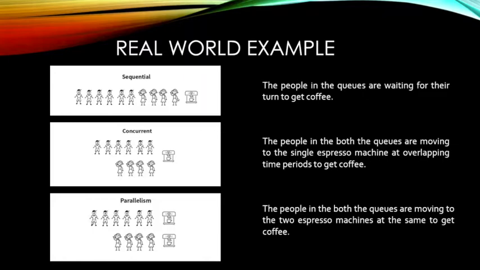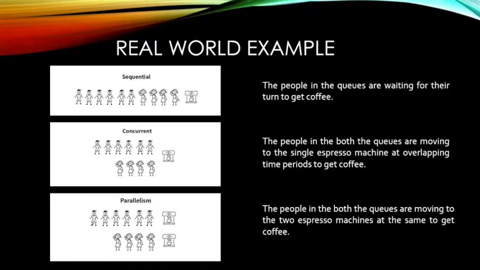Parallelism. The owner of the coffee machine is quite kind and he knows that he has one more machine. So he brings it and installs it there. The boys make one queue in front of the old machine and the girls make a queue in front of the new machine.